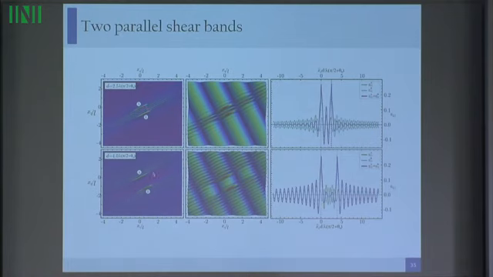We may see that depending on the distance and depending on the frequency, we may have a focusing effect between the two shear bands like that, so the signal grows inside the two, or we may have a sort of shielding effect. The two shear bands prevent the material inside from being deformed. So in the first case, a third shear band will form immediately. In the second case, nothing will happen in between.